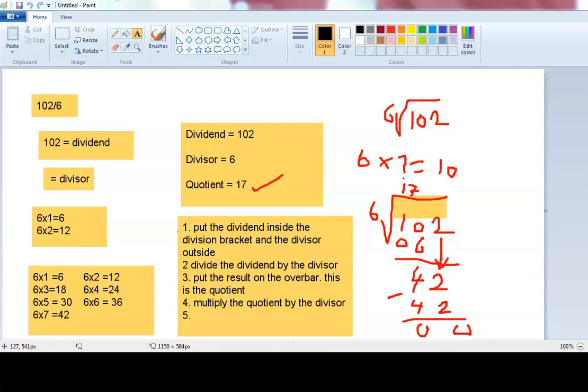Now you subtract the answer in 4 above from the dividend.